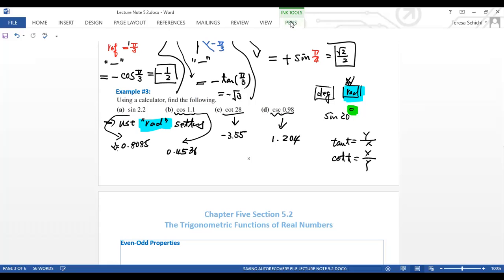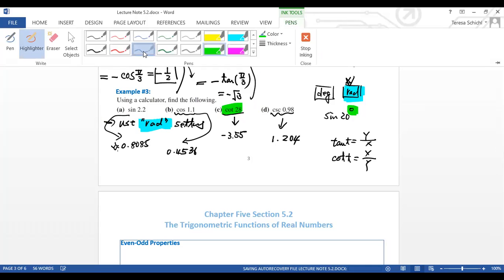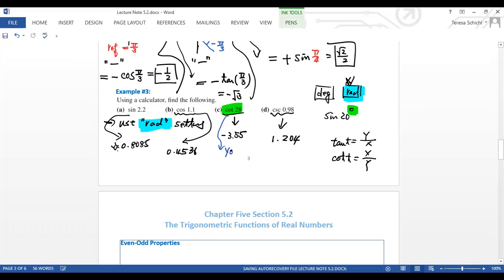So if your calculator does not have a cotangent, you use the tangent function, and then you use the key we call x inverse, that means the reciprocal. The same goes for cosecant: you use the sine function, then you use the reciprocal key, x to the inverse 1.